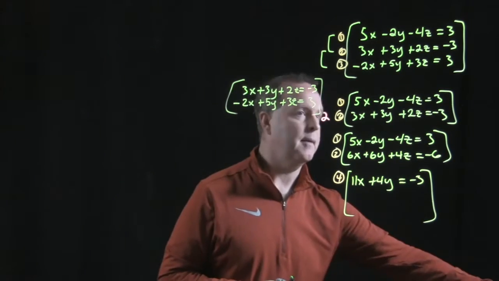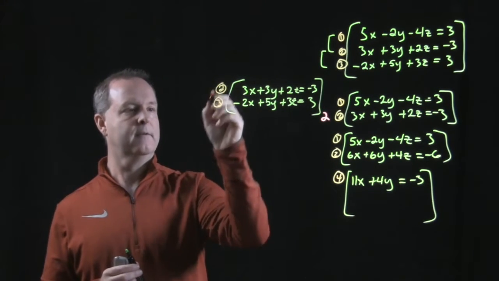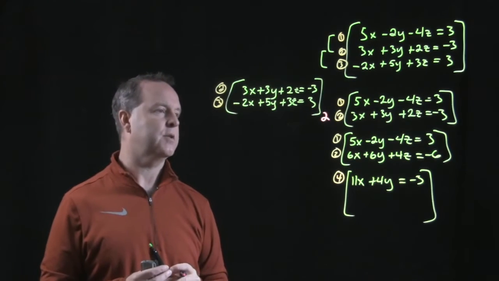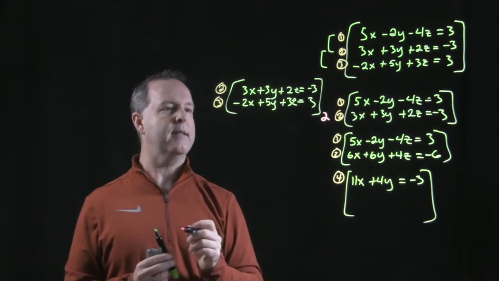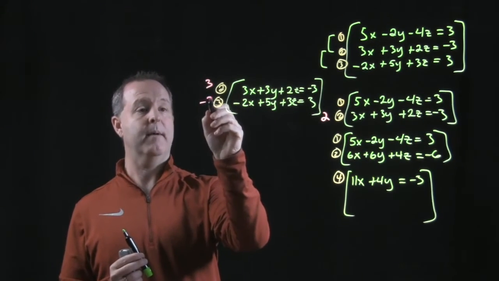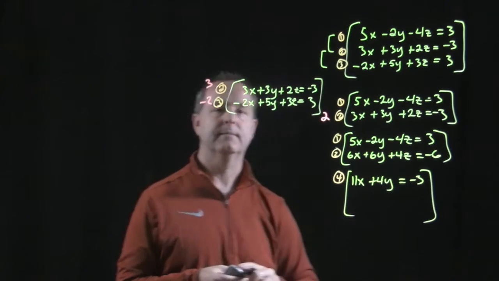Again, just for clarity, this was my original 2 and 3. From here, if I want my z's to drop out, which was the idea here, it looks like I need to multiply the top one by a 3 and multiply the bottom one maybe by a negative 2. All right, let's see what happens when I do that.